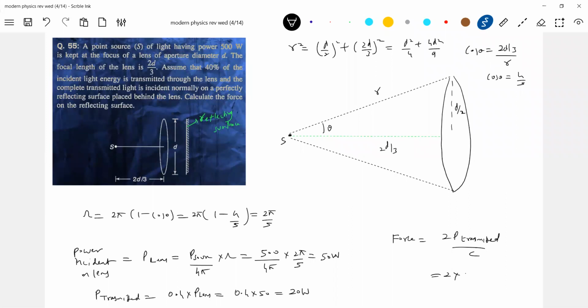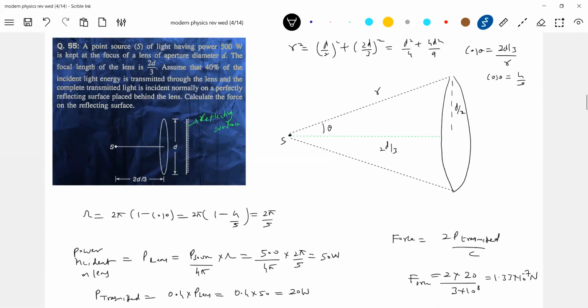So 2 into 20 divided by 3 into 10 to the power of 8. Very small force. 40 by 3 into 10 to the power of minus 8, that is 1.33 into 10 to the power of minus 7 Newton. This is the force exerted by the beam on the reflecting surface.